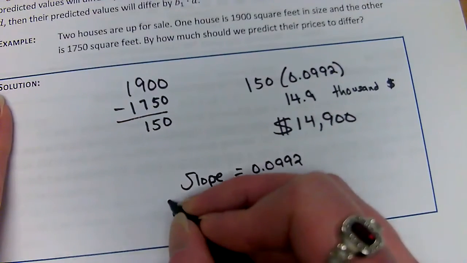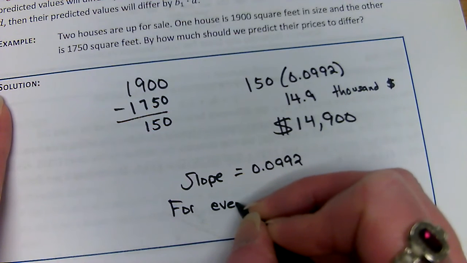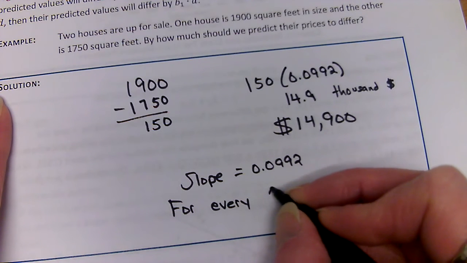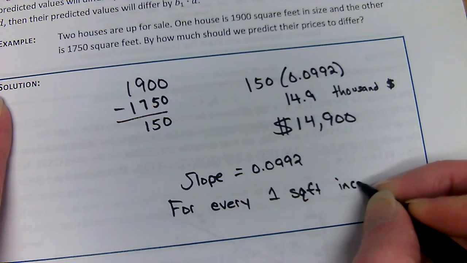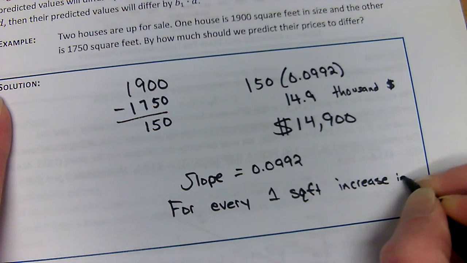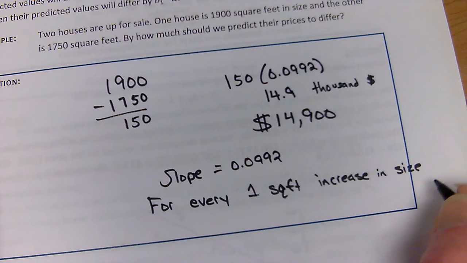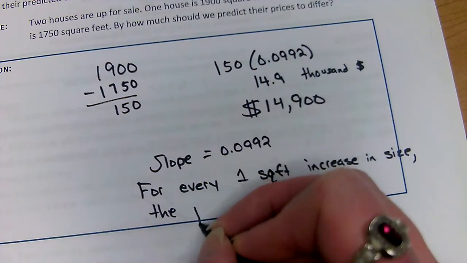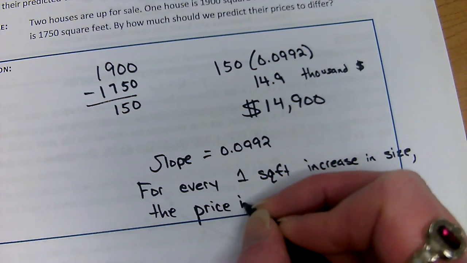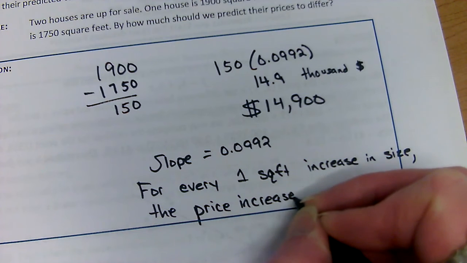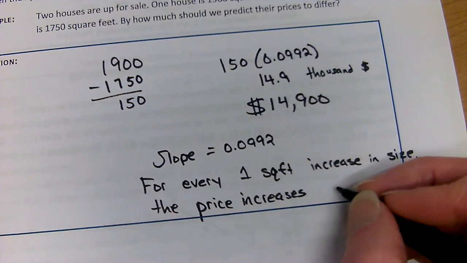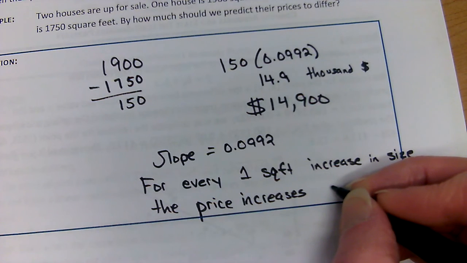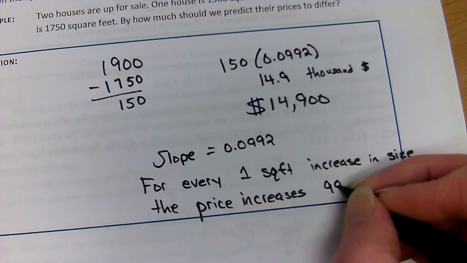For every 1 square foot increase in size, the price increases by $0.099 thousand. So that would really be $99.